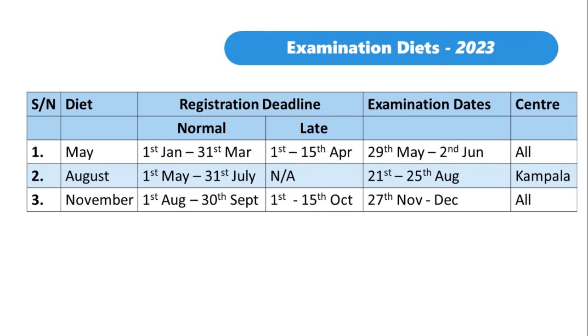Examinations for the November examination diet are going to be conducted between the 27th of November to 1st of December 2023. And for the November examination diet, exams will be conducted at all the examination centers that have been established by the institute.